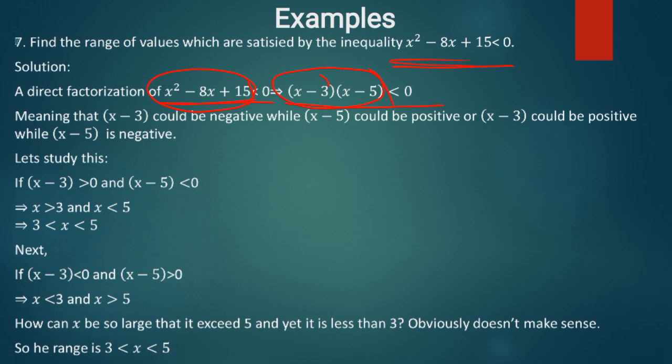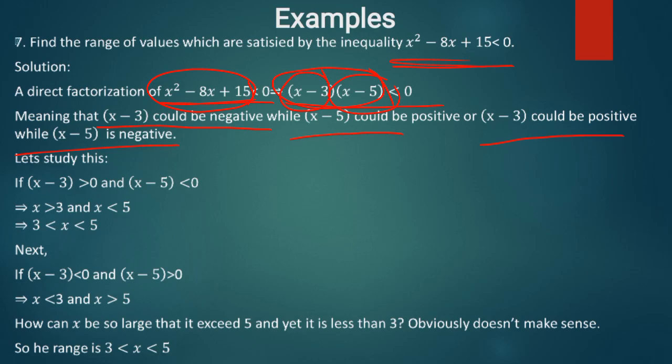Okay, so it means that one of them just has to be less than 0, meaning that x minus 3 is negative while x minus 5 will be positive, or x minus 3 could be positive while x minus 5 is negative.